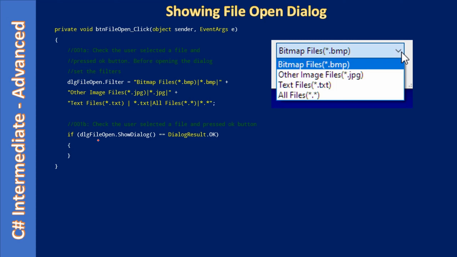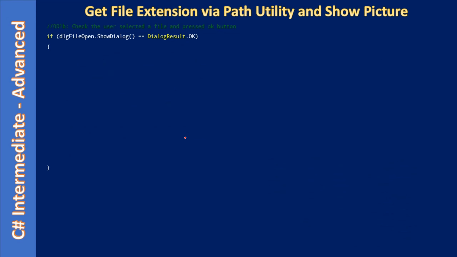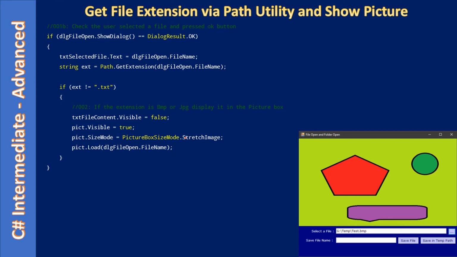So we set the filter, and then we use the ShowDialog method to show the open file dialog. Then based on the return result, we take the necessary action. Then in the next part, we implemented showing the image file.